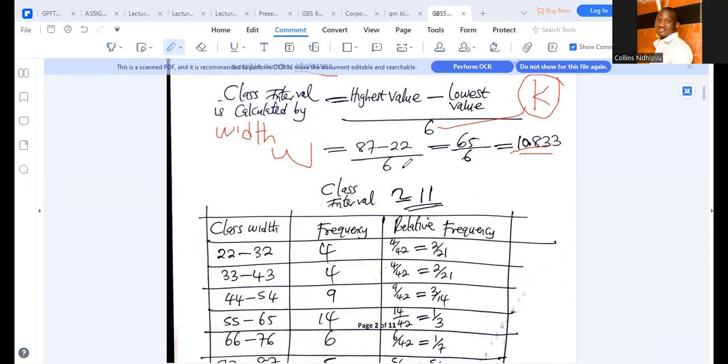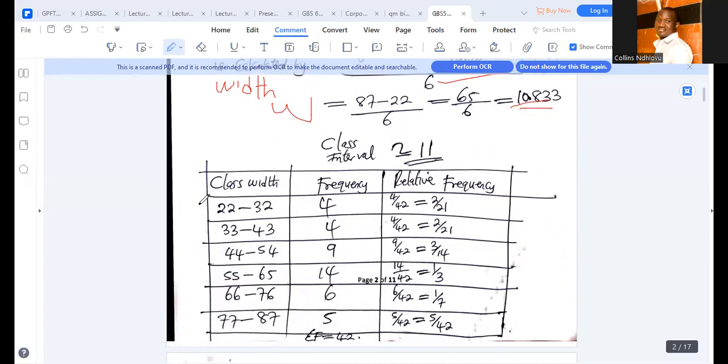Okay, so our K is the number of classes. So they are 1, 2, 3, 4, 5, 6. So these are the number of classes that we have. And then we need to now sort this out.